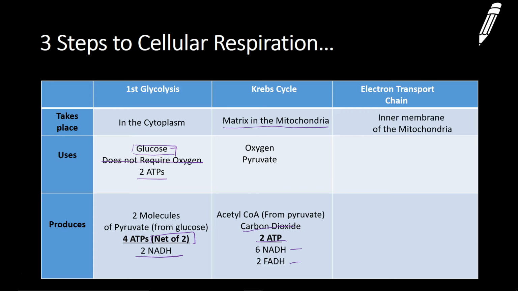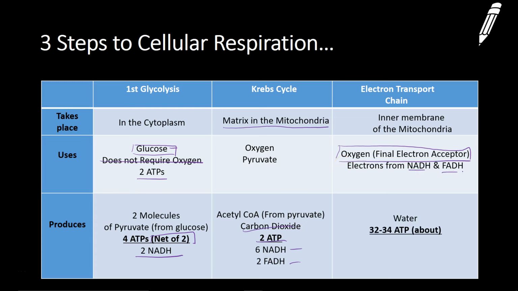This takes place in the inner membrane of the mitochondria. Oxygen is the final electron acceptor. Okay? And it's going to accept those electrons from NADH and FADH2. What it's going to produce is some water and about 32 to 34 ATP total.